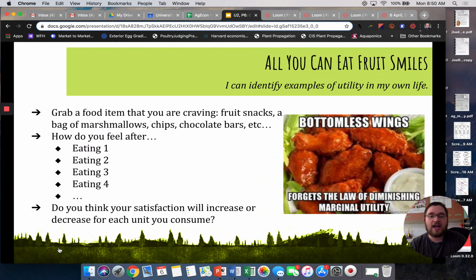So every time I eat one of these, I'm going to tell you how I'm feeling, okay? Or just in general, okay? First one, going great. I love it. Tastes really good. Second one, probably not as good as the first. But still pretty tasty, right?